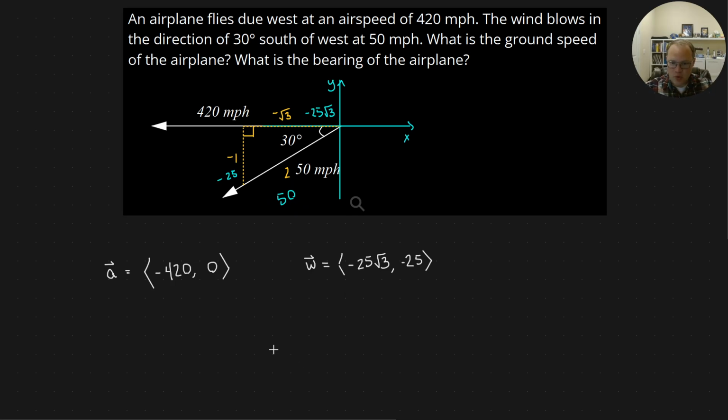Okay? So this describes the motion of the airplane, the velocity of the airplane in the air, and this describes the velocity of the air. So if we add them together, that will give us the total velocity of the airplane relative to the ground.